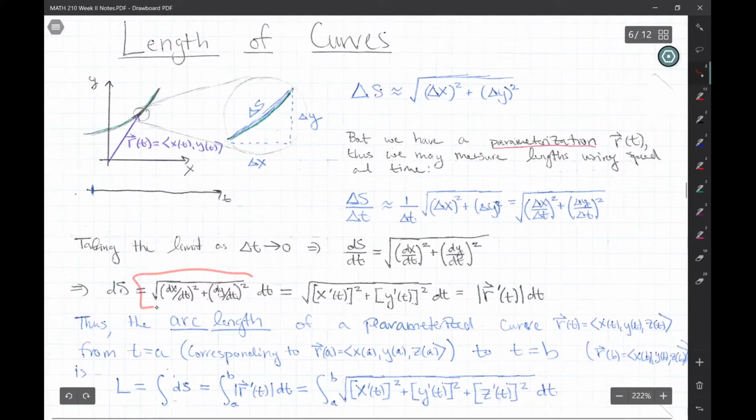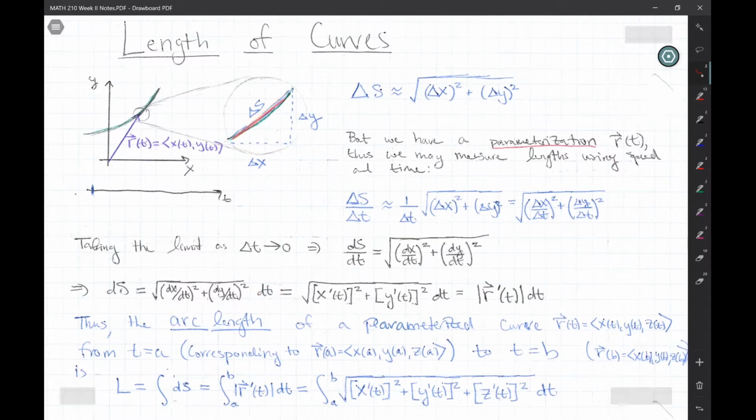You ask it, how fast are you going? That's going to be given by the speed. That's going to give you the speed in the x direction, speed in the y direction, and you multiply its speed by the time to get the small length that it travels in that very small chunk of time.